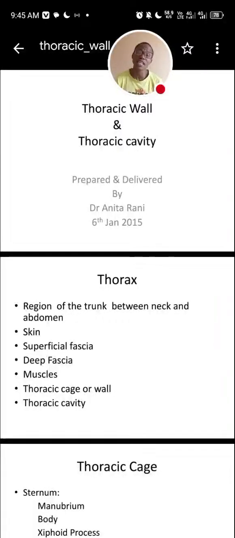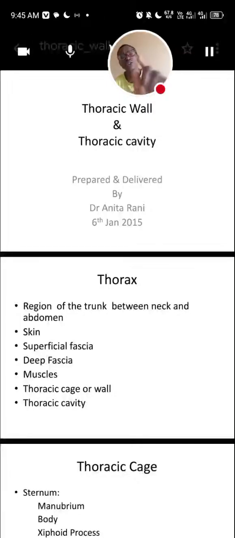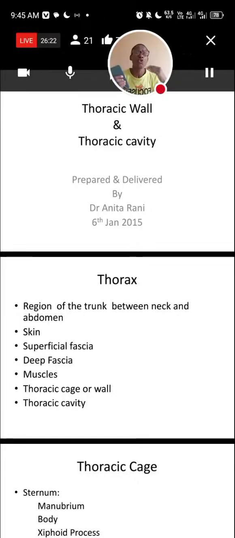Just like when you are looking at the perineum, we say the perineum is the region that contains the external genitalia and the anal orifice. Remember, from thorax to perineum, a lot of students always have this issue.